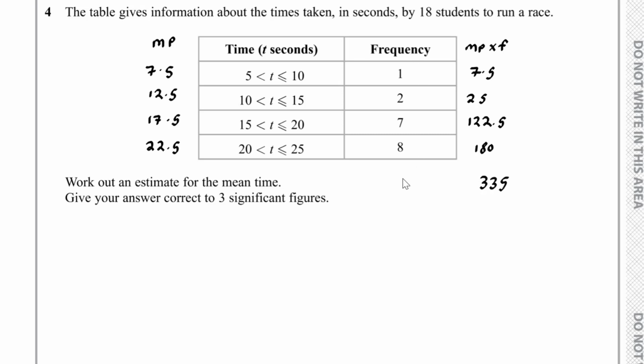And if we add up all the frequencies, of course, we'll get 18. So, to work out the mean, that's equal to the sum of the midpoints times the frequencies over the sum of the frequencies. So we have 335 divided by 18.